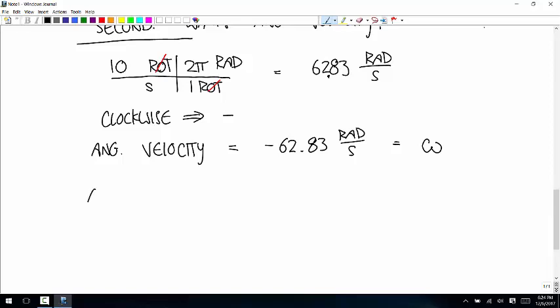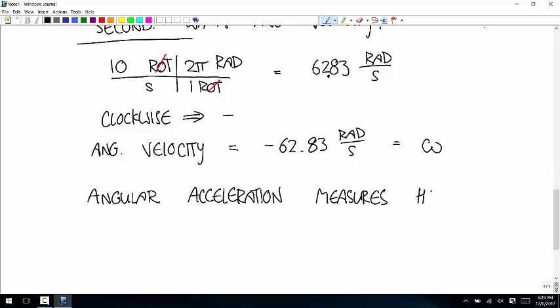So angular acceleration measures how quickly the angular velocity is changing.